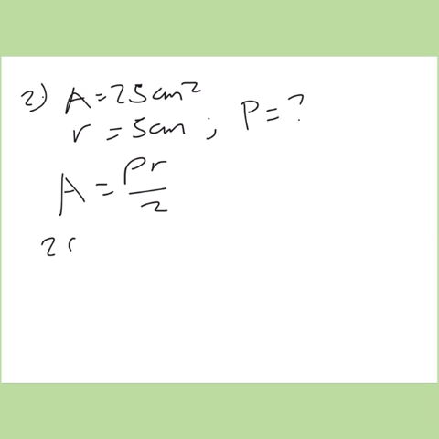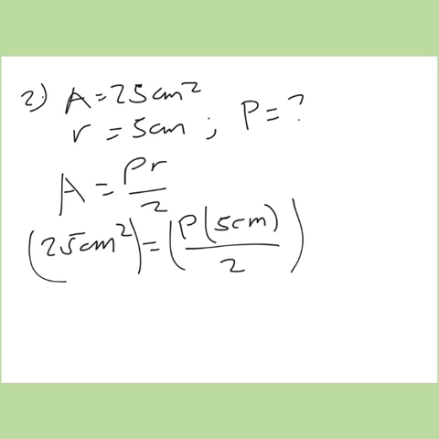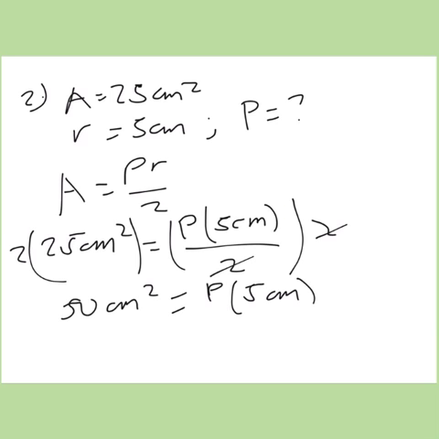Since our area is 25 centimeters squared, equals P times the value of our radius, which is 5 centimeters, divided by 2, multiply both sides by 2, so 50 centimeters squared equals P times 5 centimeters.